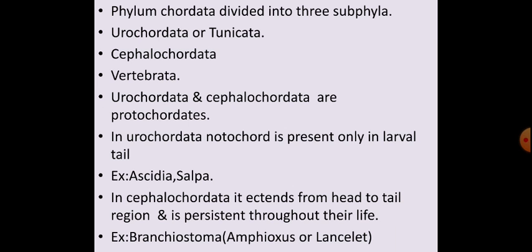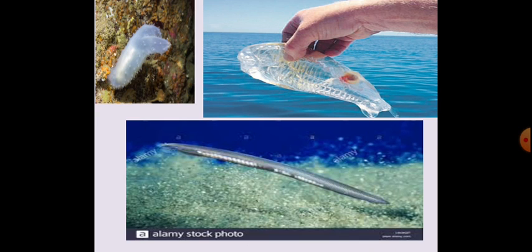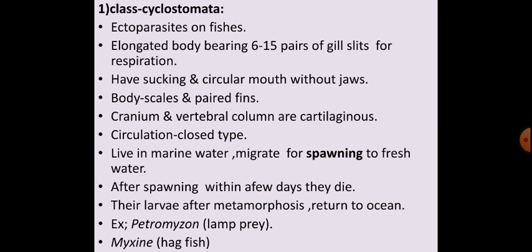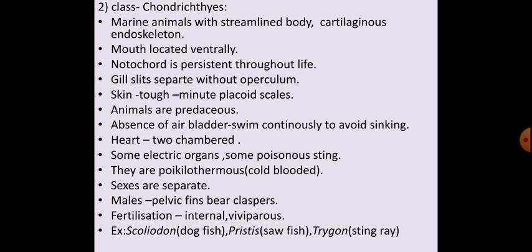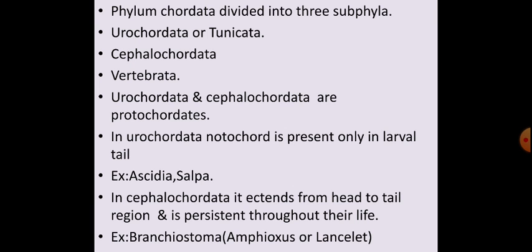The phylum Chordata is divided into three subphylum: Urochordata, also called Tunicata, Cephalochordata and Vertebrata.